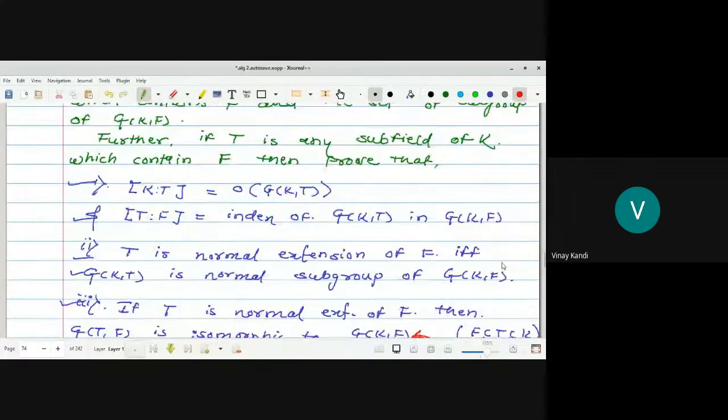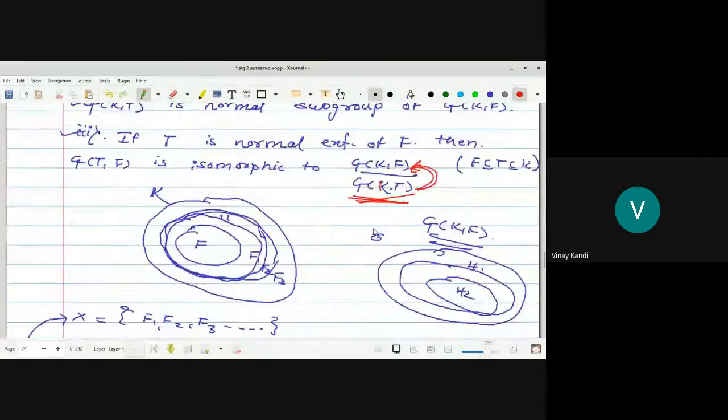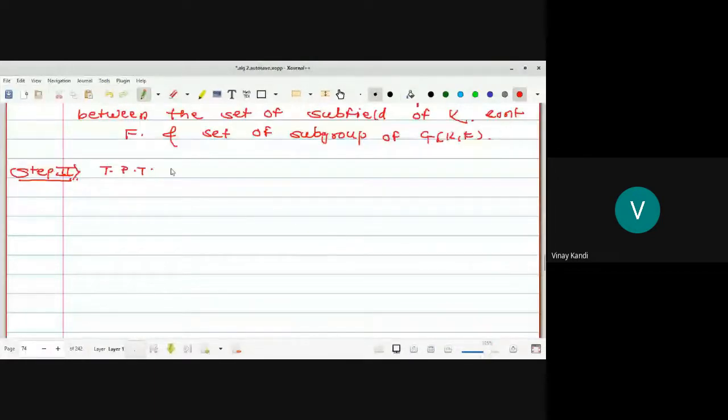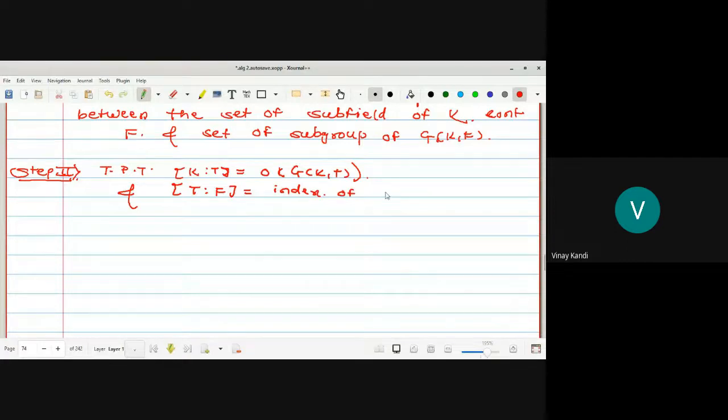That is, the order of G(K,F) upon the order of G(K,T).